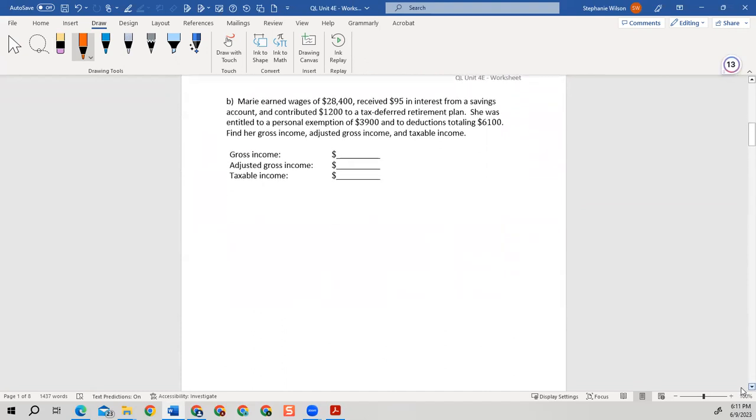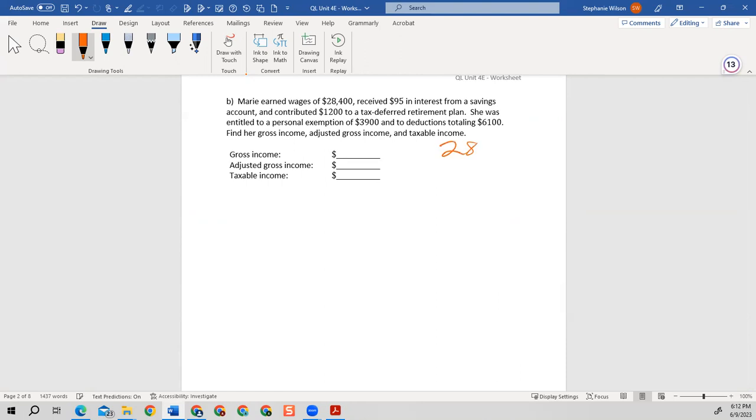Marie earned wages of $28,400, receives $95 in interest for savings account, and contributed $1,200 to the retirement plan. And I apologize, it didn't really say IRA, it's just retirement plan. And she has an exemption of $3,900 and deductions of $6,100. So let's figure out her total gross income.